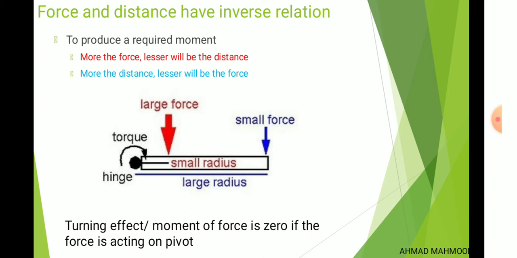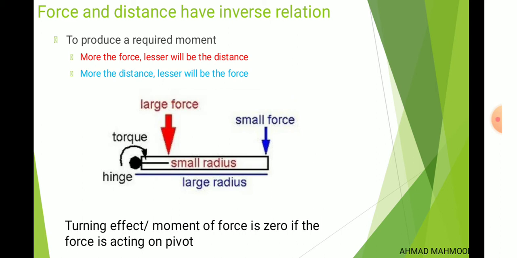Okay. So here we have some relations between force and distance, right? If keeping the movement constant, force and distance are inversely proportional to each other. It means that the larger the force, the lesser will be the distance.